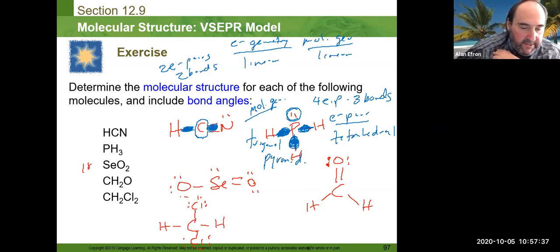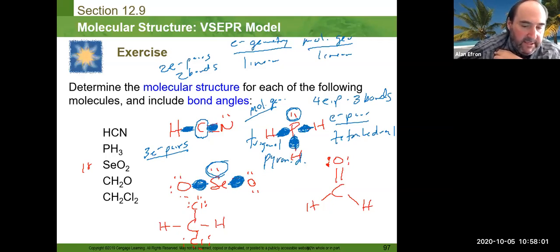Coming over here to our SeO2, we got 1 electron pair, 2 electron pairs, again the double bond only counting as 1, and our non-bonding electrons are 3 electron pairs. So 3 electron pairs, but only 2 bonds, 1 and 2 there.